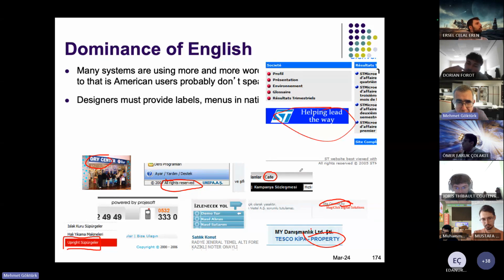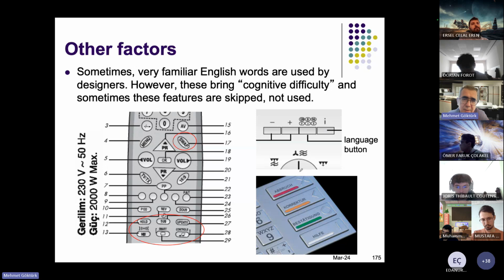We behave like it is understood, but some people don't understand it. Such as this. There is a swap button. Swap is an interesting function. Also, smart hold.